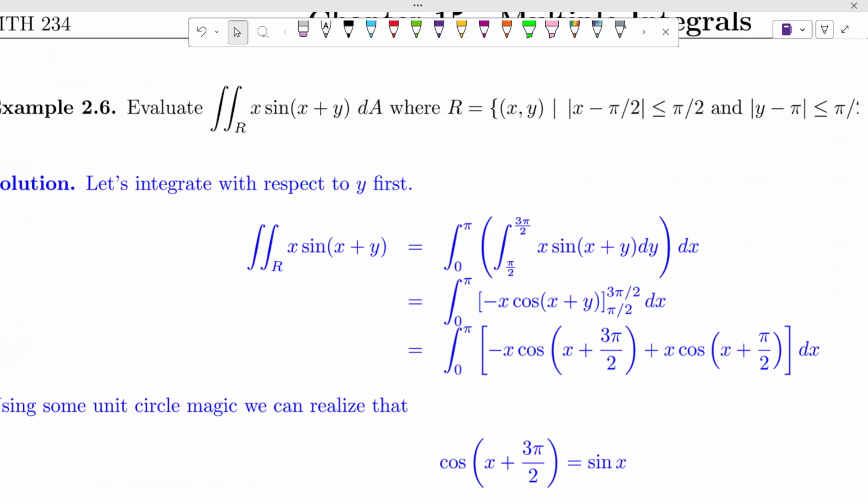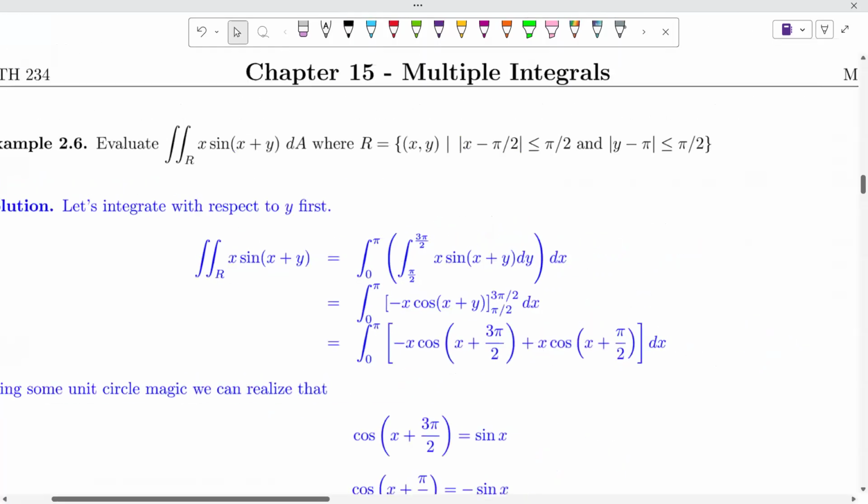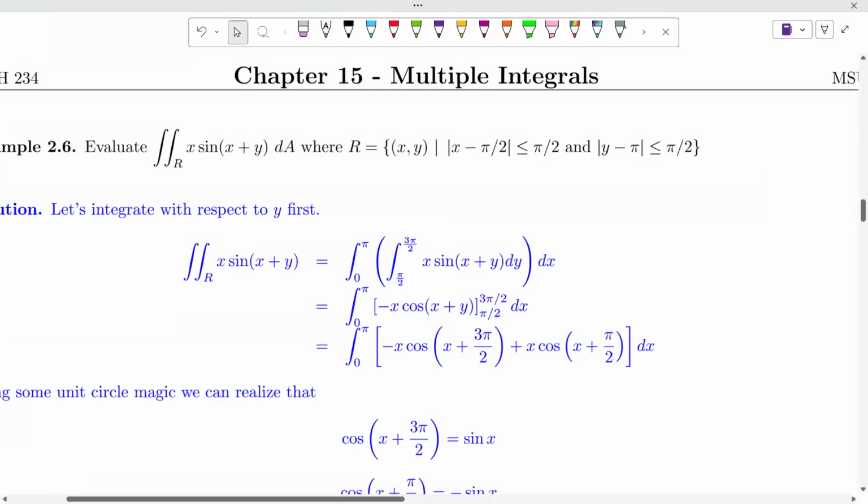So let's go talk about the bounds. I look over here and I see this guy right there. I want to rewrite my bounds for x in a way that maybe makes more sense. When I'm looking at this thing, I see that I am within pi over 2 of some center value for x, and that center is also pi over 2.